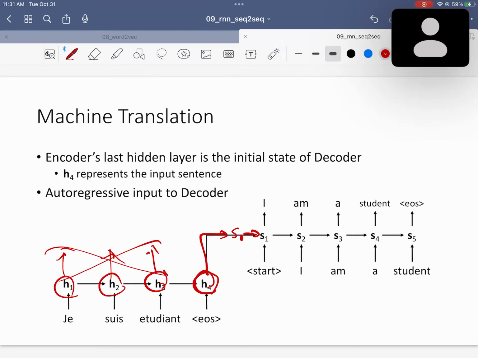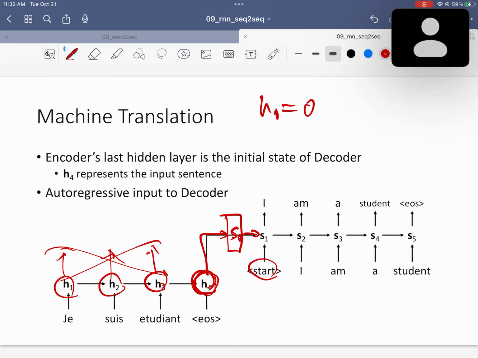It's H4 itself that becomes S0. Before, I said that H0 is usually initialized as a 0 vector, so you would assume that the decoder's initial vector S0 would also be initialized to 0, but not really. S0 can be initialized to be the same as H4. So H4 becomes S0, and starting from there, you put the start token in.